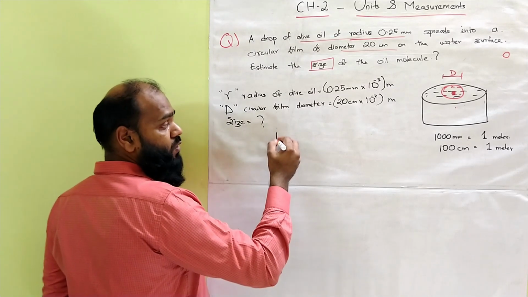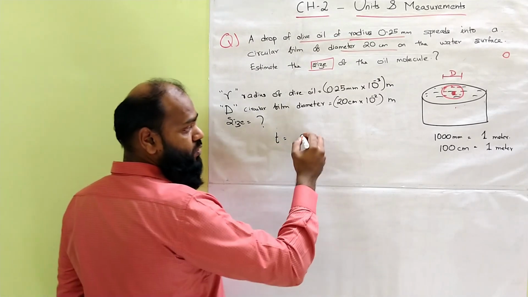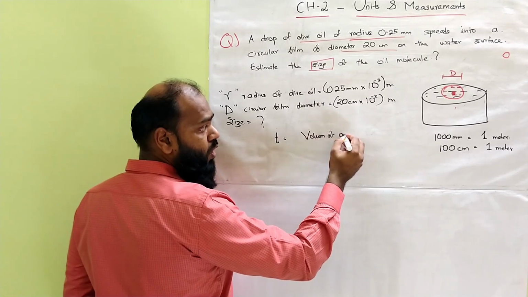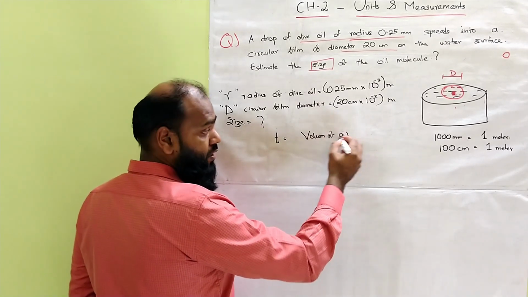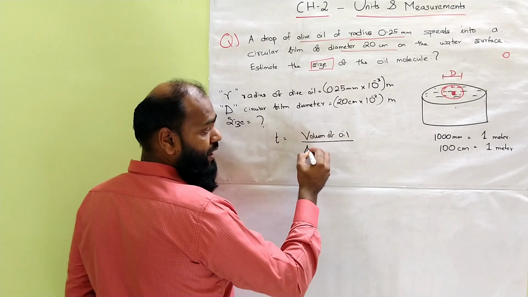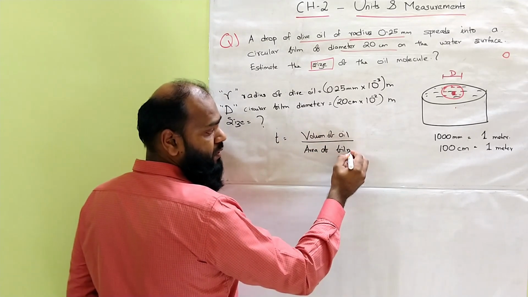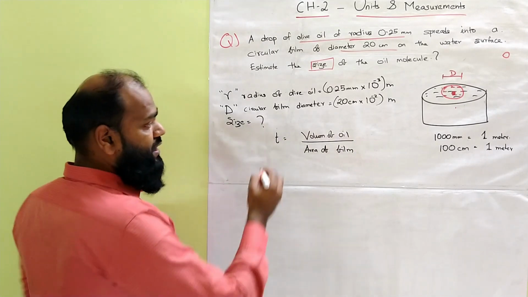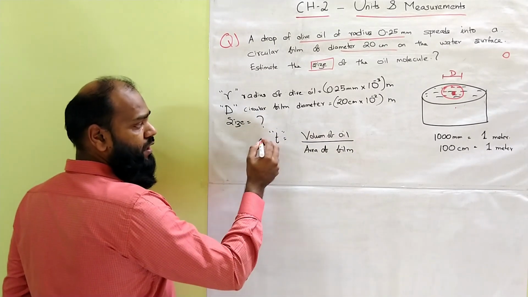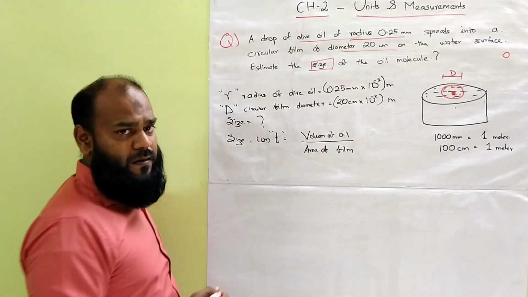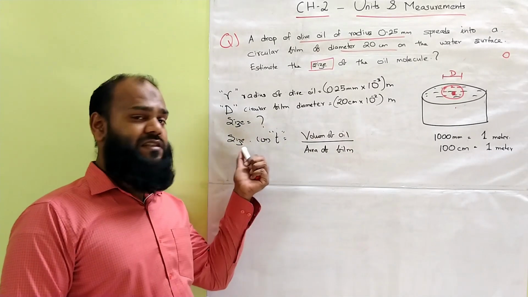We know that from the oleic acid formula, thickness is equal to volume of oil divided by area of film. This is thickness, or can also be said as size. Don't get confused between thickness and size.